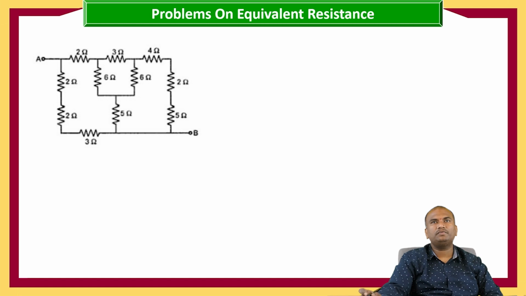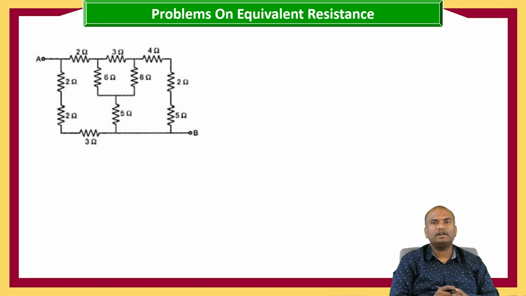So here before going with the transformation into delta to star or star to delta, first let us reduce the circuit components, because here we can say some of the elements are connected in series.